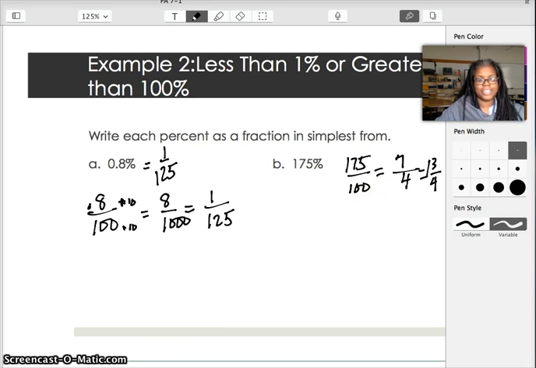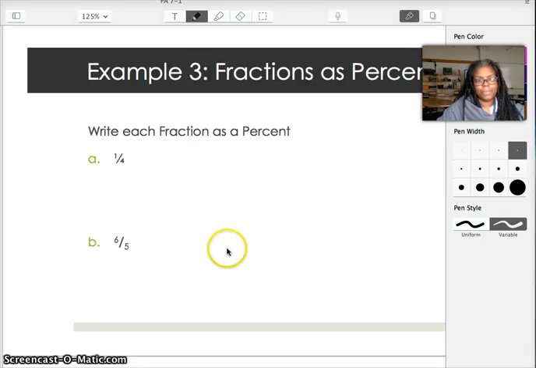Let's take a look at another example. So here in example 3, we are taking our fractions and writing them as percents. So this is really right up your wheelhouse, especially after finishing the last chapter, chapter 6, where we were doing some interesting things with scale drawings and trying to solve proportions particularly.